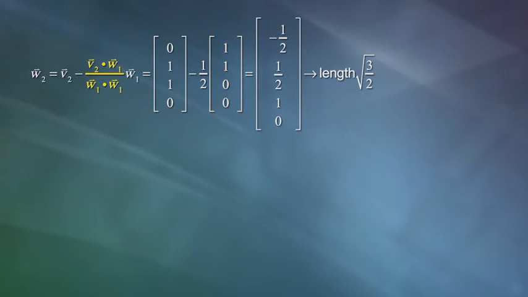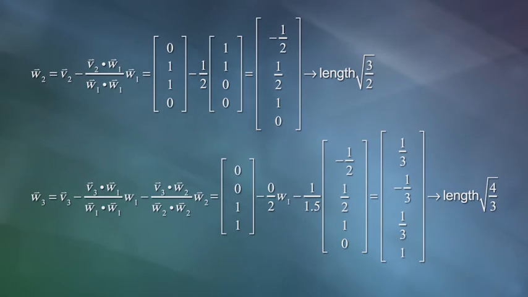Well, it's just V2 dot W1 divided by W1 dot W1. You can check this is just 1/2. So you get W2 equals minus 1/2, 1/2, 1, 0. You can check this vector has length square root of 3/2.